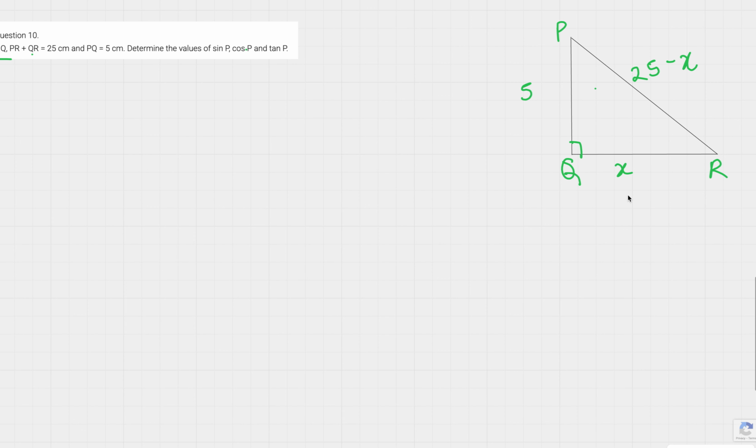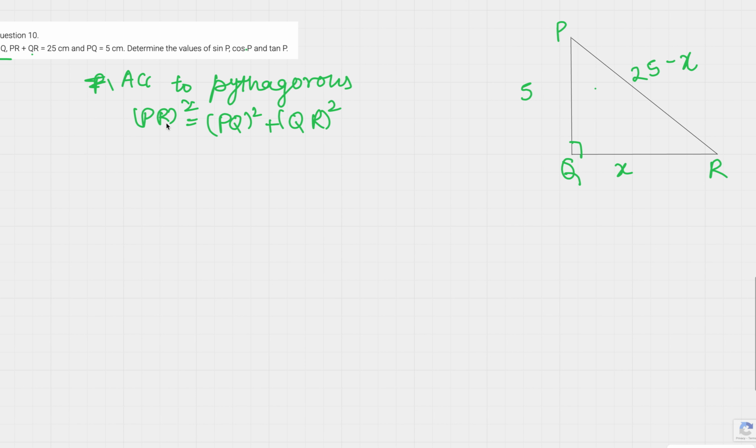So we consider QR equals X and PR equals 25 minus X. According to Pythagoras, PR square is equal to PQ square plus QR square, correct?